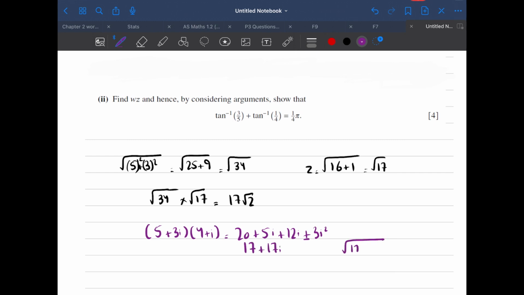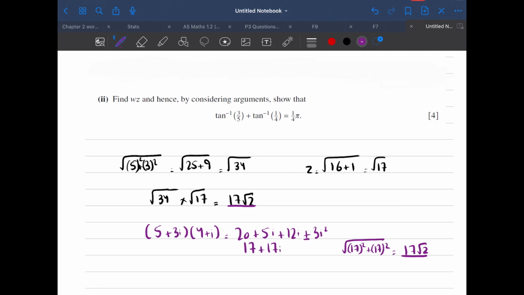Its modulus will be under root 17 squared plus 17 squared, that's going to be 17 under root 2. Are you getting the same modulus?